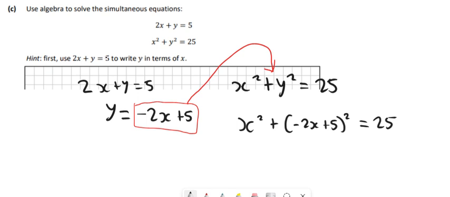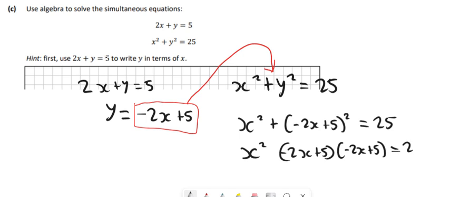Then, minus 2x plus 5 to be squared, I can write that out as minus 2x plus 5 times minus 2x plus 5 is equal to 25.